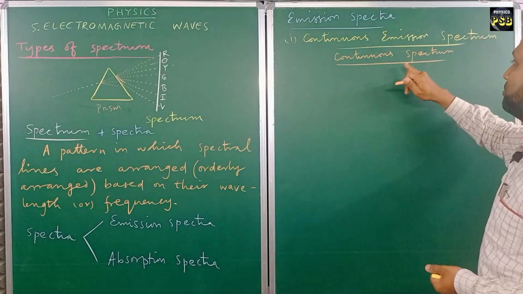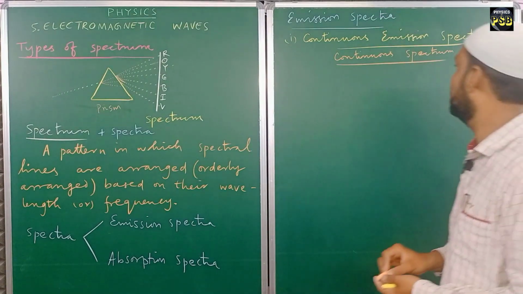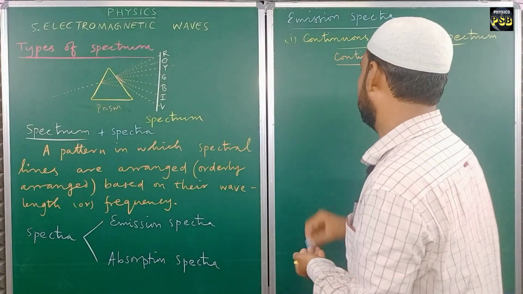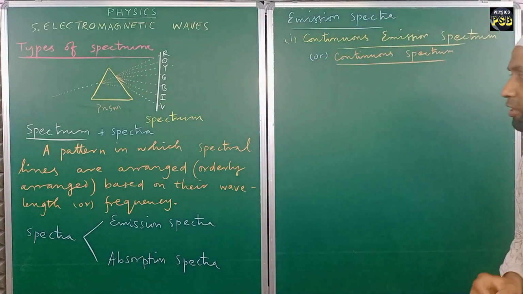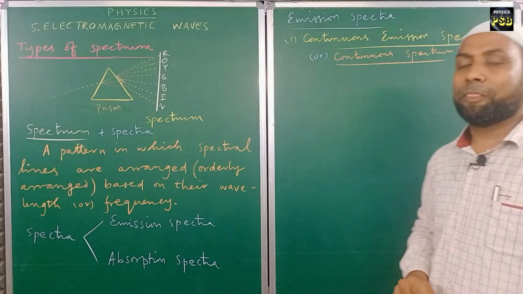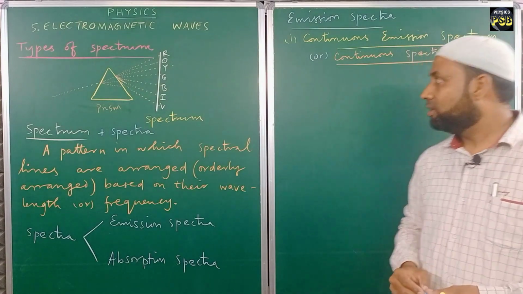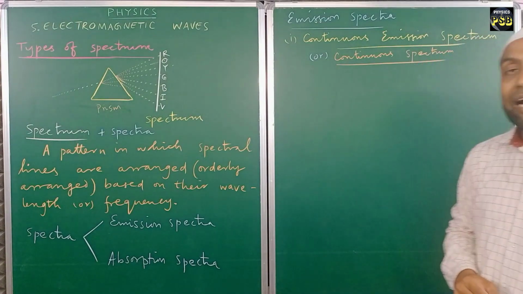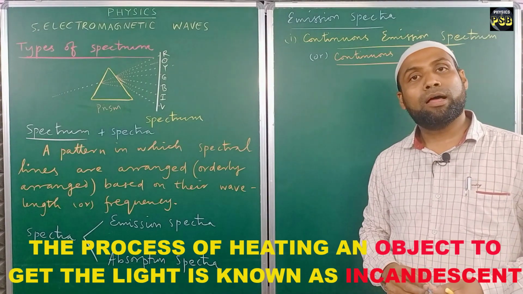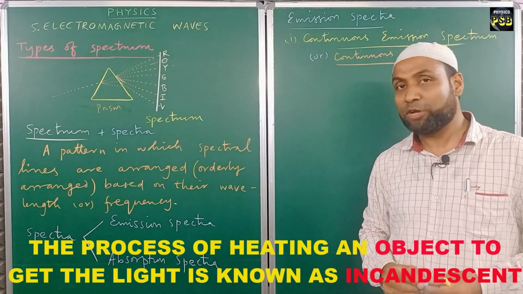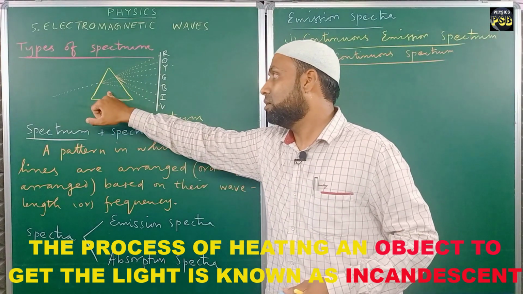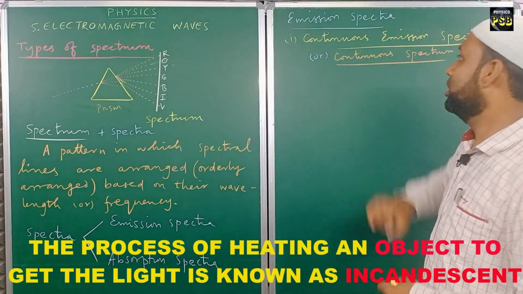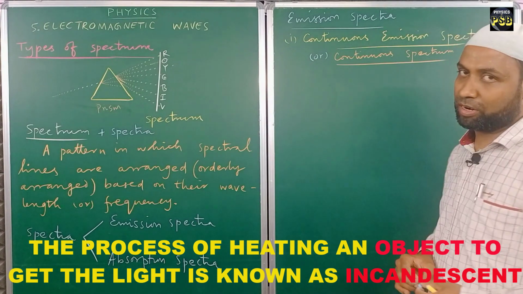Now, this can be simply referred to as continuous spectrum. Now, how is it obtained? Suppose light from an incandescent solid or a liquid is passed through a prism, then we get a continuous emission spectrum.